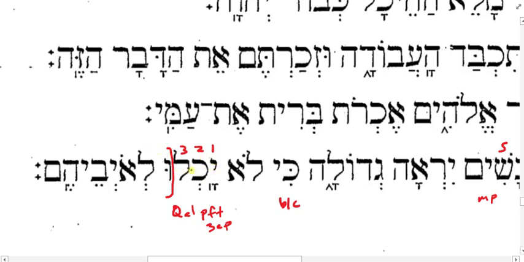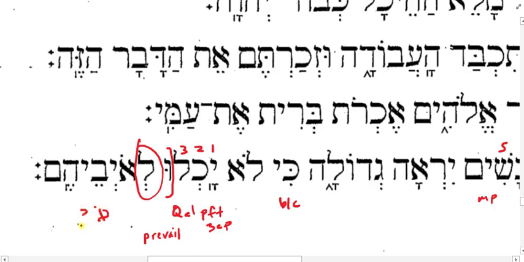But look at what I've got. I have a form of yakol with a lamed preposition attached to something. What does yakol with a lamed attached to a noun or pronoun mean? It's not to be able, but to prevail over. Okay? So I'm going to translate this as because they did not prevail over oyevehem. Now, what's the basic noun in this expression?